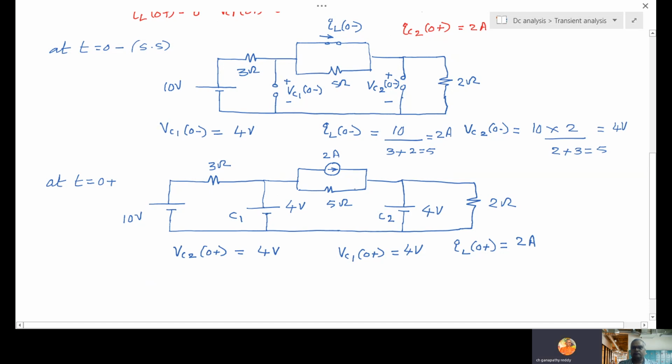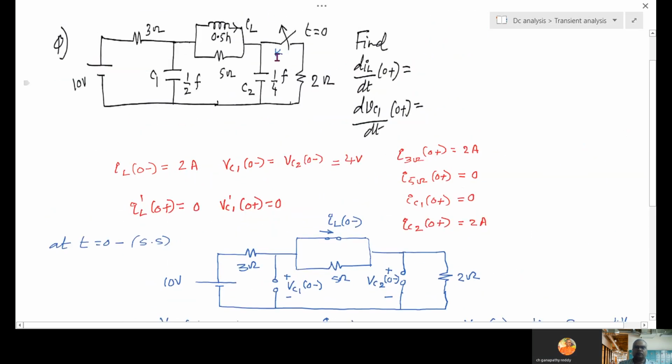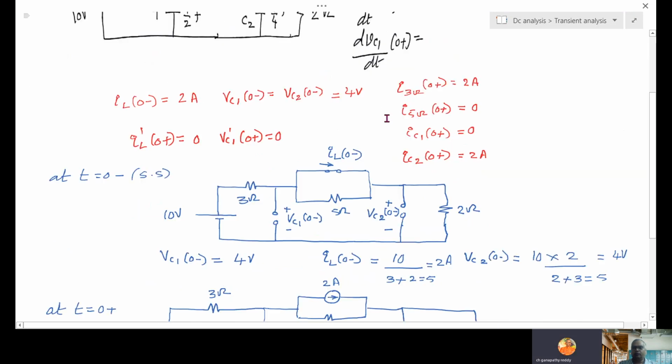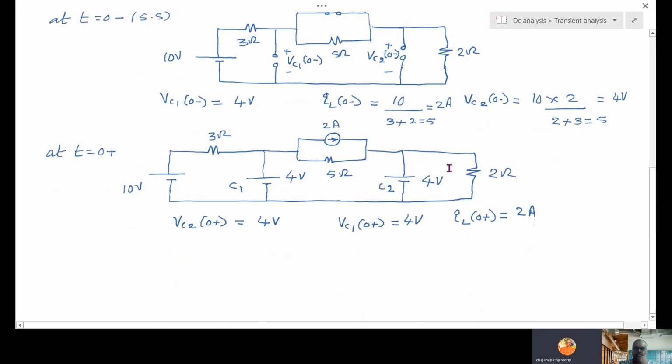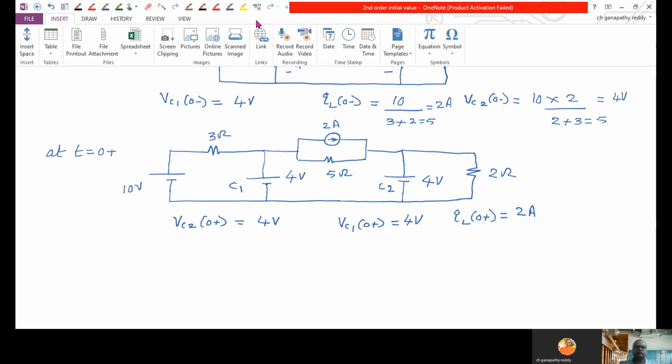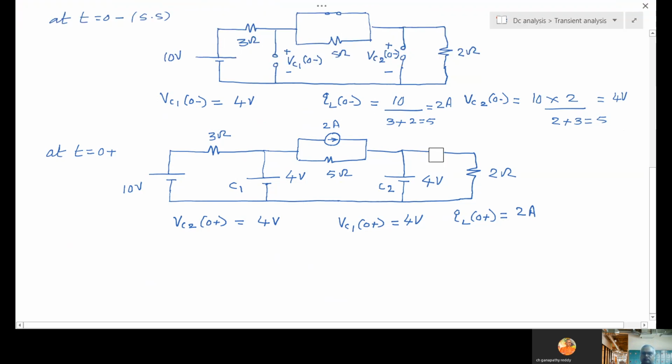So let us assume at 0 plus the switch is open. When the switch is open, this will not be there.